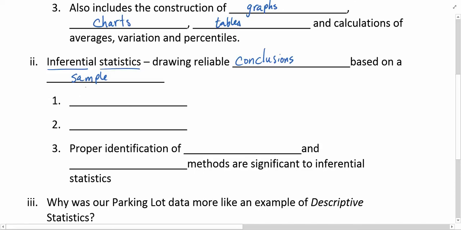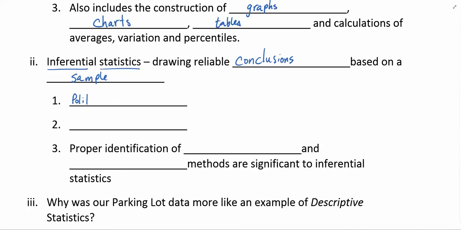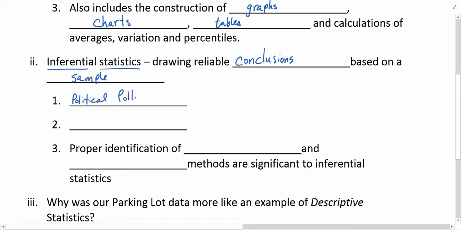So one example of inferential statistics would be political polling. And inferential statistics is also used by insurance companies.